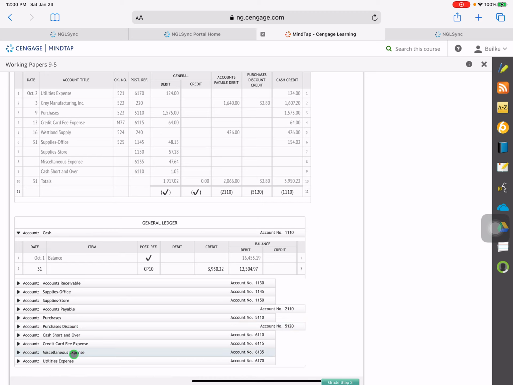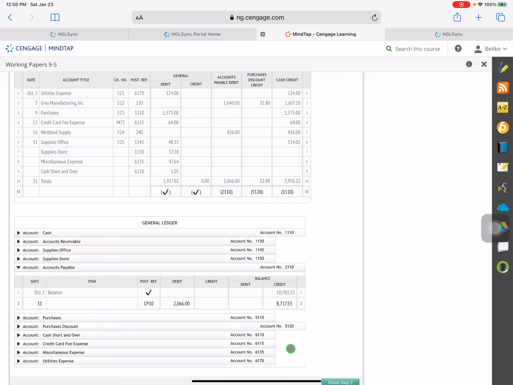Okay, and it only affected a couple of them. One thing I want you to notice before we move on, do you see this number here? $8,717.53. That is the total amount that we owe all of our vendors.